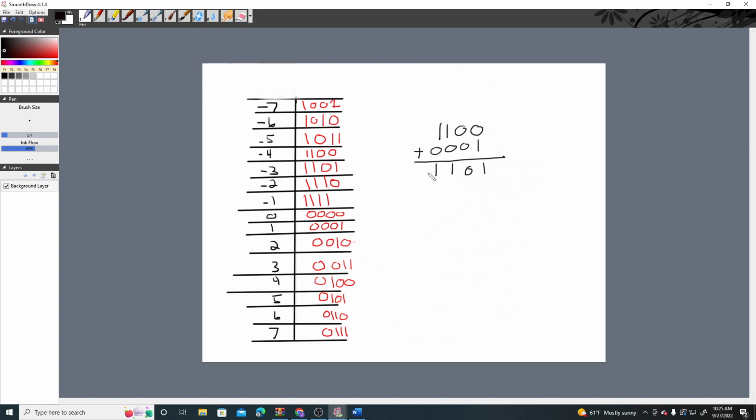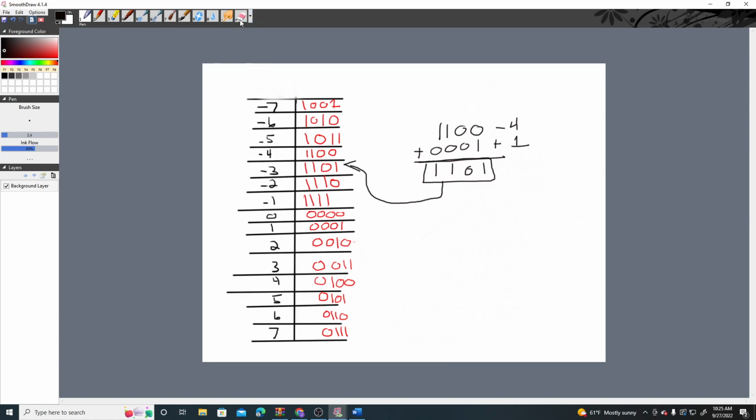So when we add these together, this is our answer. Again, this was negative 4 plus 1. And we get 1, 1, 0, 1, which is negative 3. So negative 4 plus 1 is negative 3, so it works.